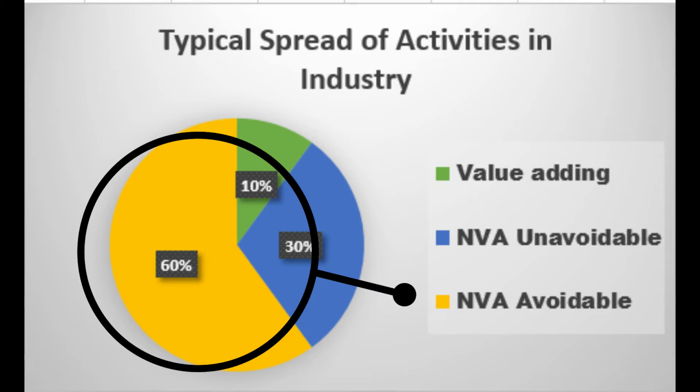And as a first step, these are the activities that we must attack to remove them from our processes. If you cannot remove them, you can substitute them with activities that take less amount of time.